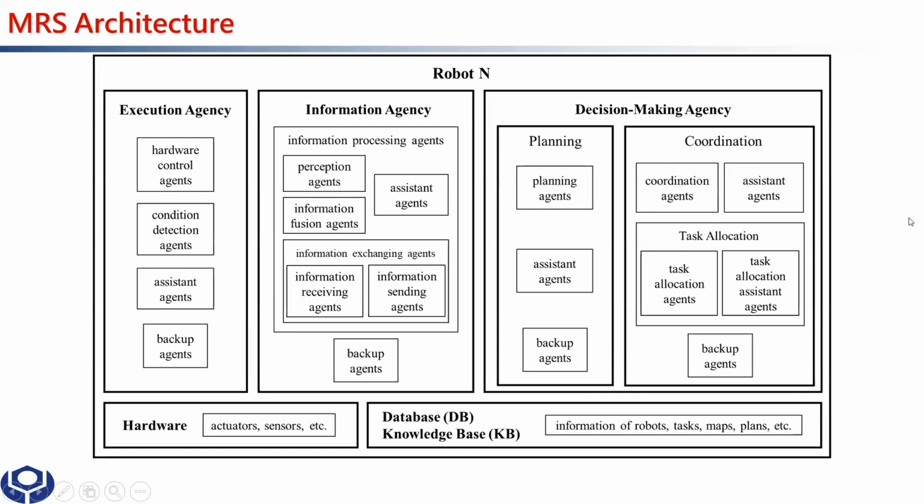We know that there are sensors, actuators, controllers, and computers to create one single robot. By the way, I designed this for my PhD degree. At least we need hardware control agents. You can assume that they are programs. We may need several programs to control each device, no matter actuators, sensors, or cameras.